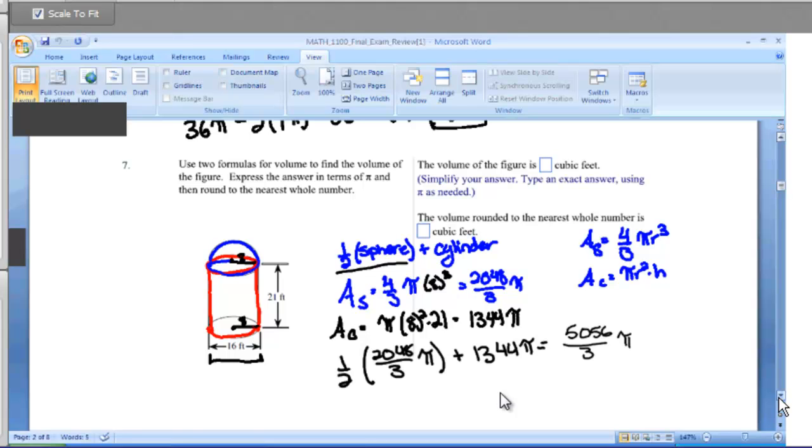So there's one of the answers, where we're giving an exact answer using pi. And then if we want to give a decimal approximation, and a little squiggly equal sign just means about or approximately, we'll get 5,295 cubic feet, or feet cubed.